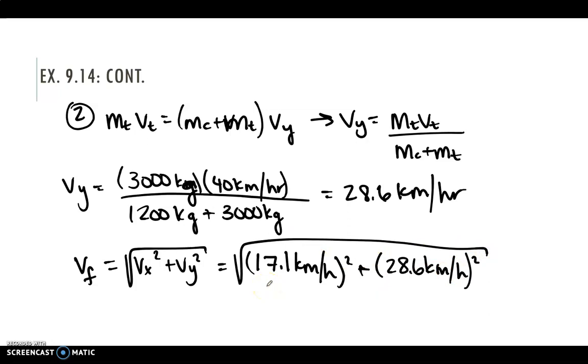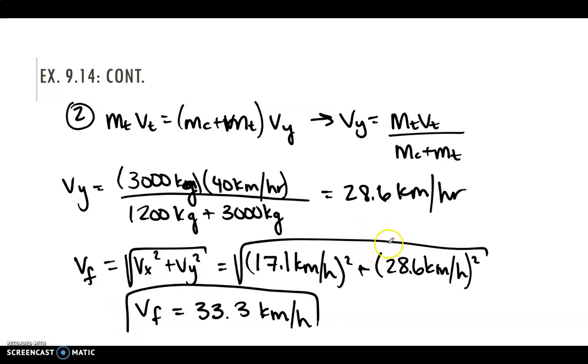Let me put that into my calculator quickly: 17.1 squared plus 28.6 squared, square rooted. And I get our final velocity is 33.3 kilometers per hour. Now this is just our magnitude of the velocity.